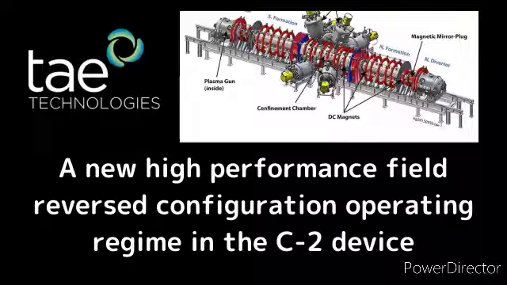The FRC lifetimes are approximately 1 millisecond. During the decay, the FRC separatrix shrinks radially and axially, and the plasma temperatures gradually decrease.